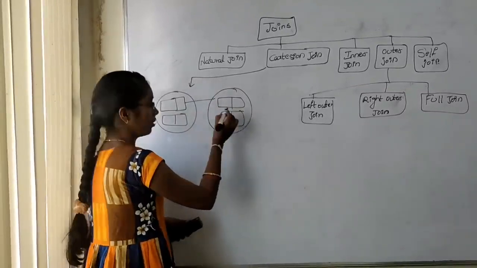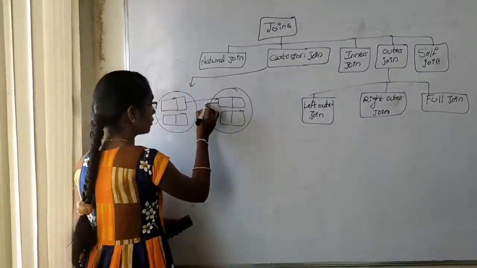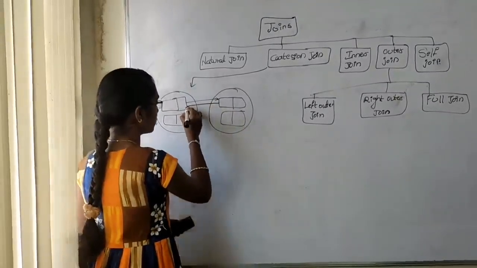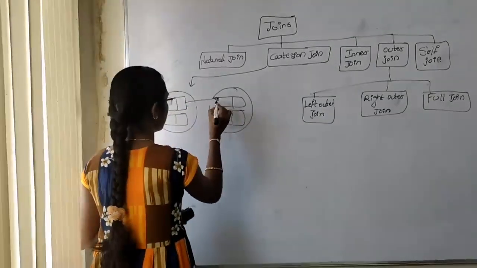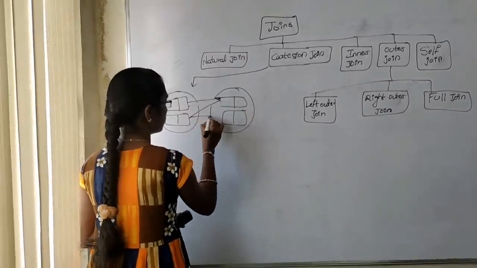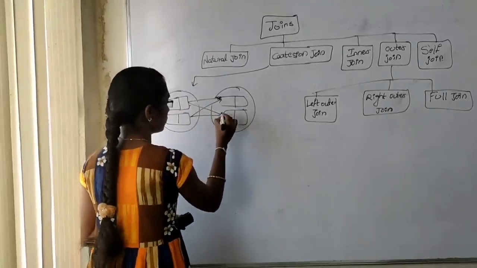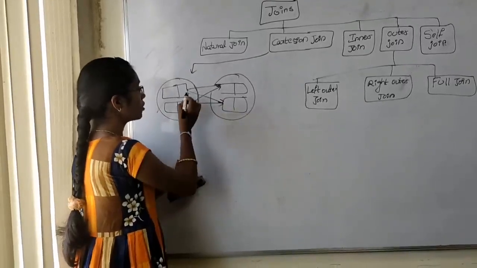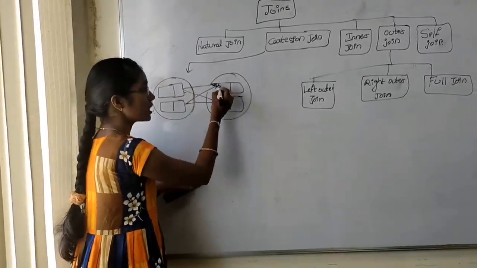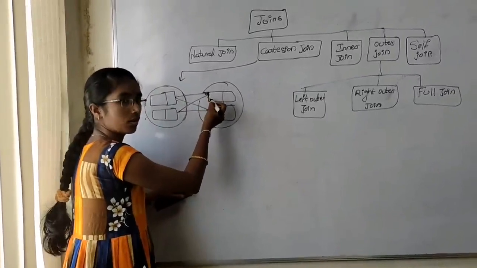So all rows of the first table will be connected with the second table rows.